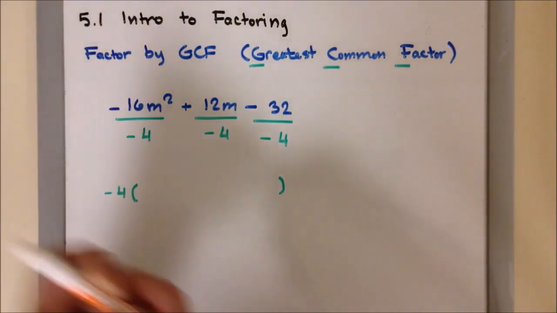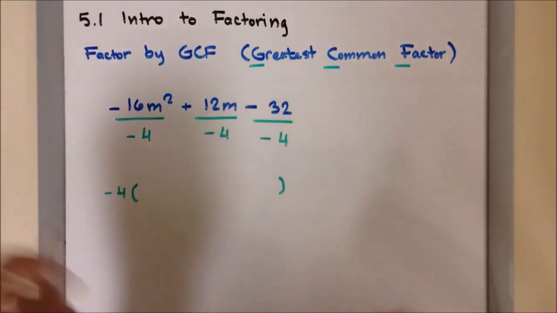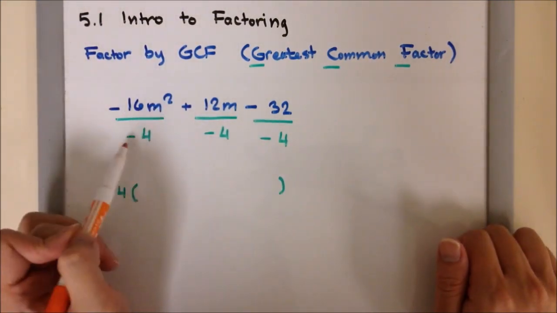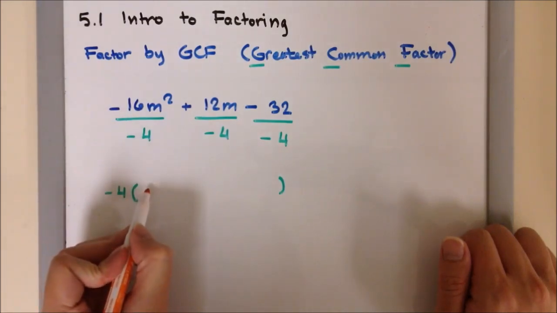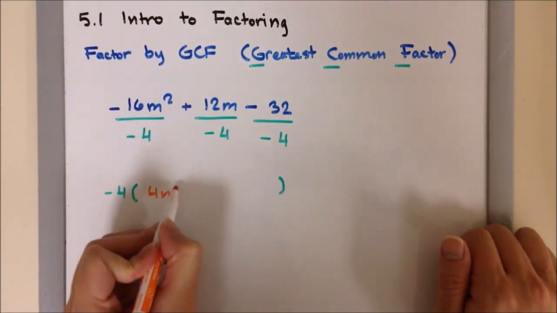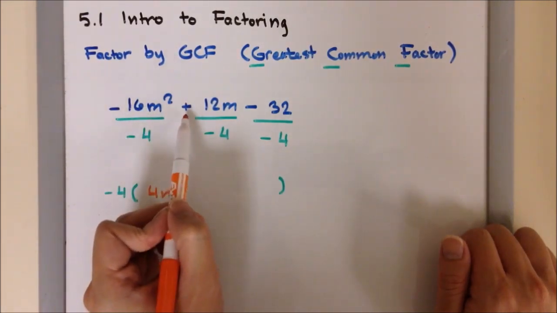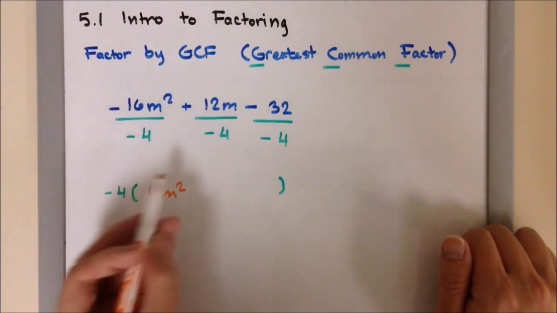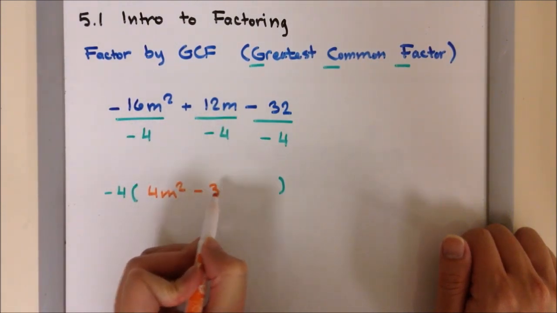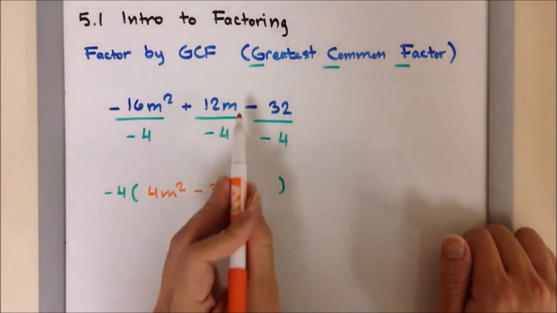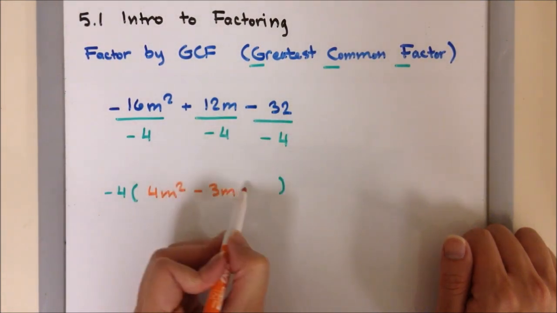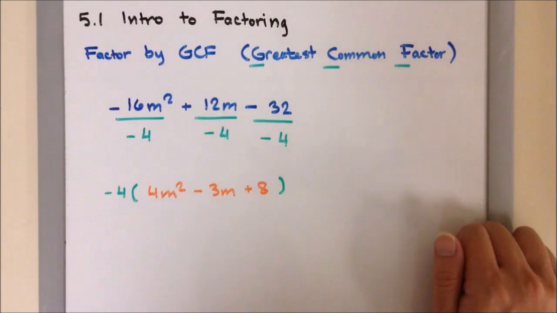So I'm going to divide. Negative 16m squared divided by negative 4 will be positive 4m squared. Positive 12m divided by negative 4 will be negative 3m. Negative 32 divided by negative 4 will be positive 8.